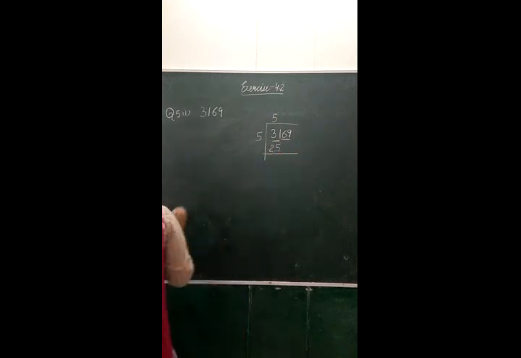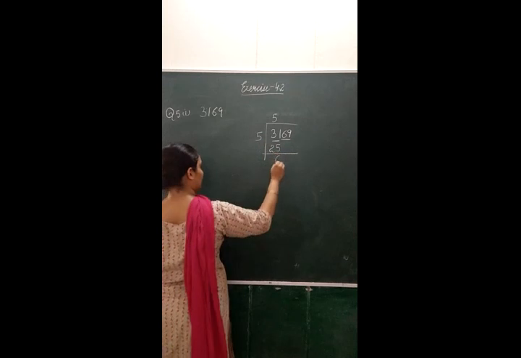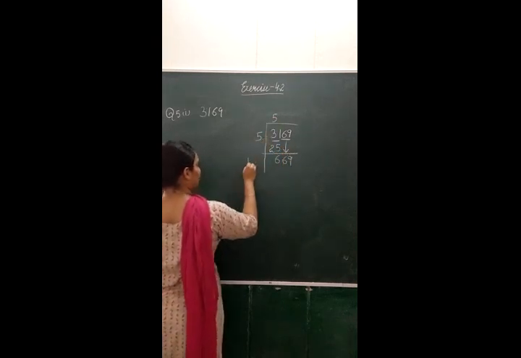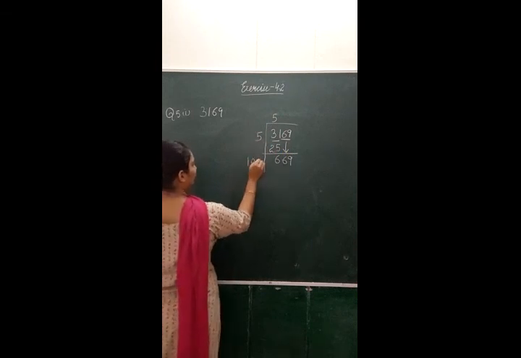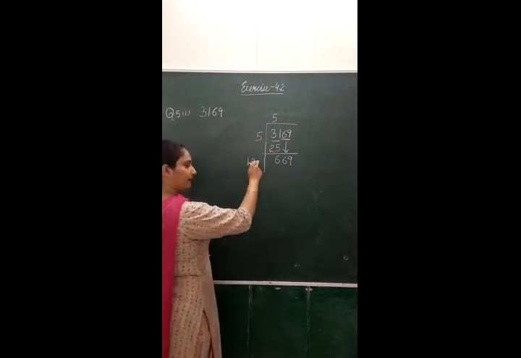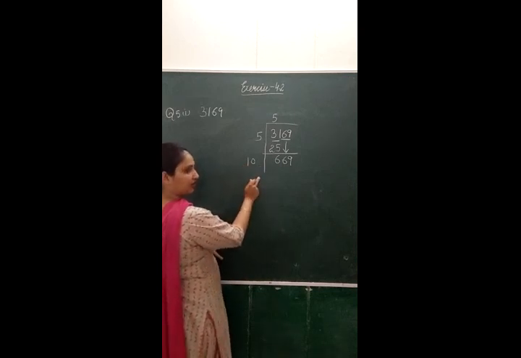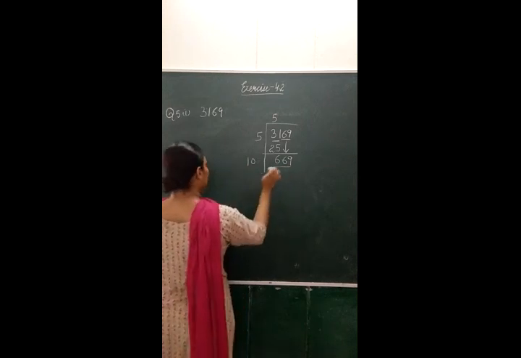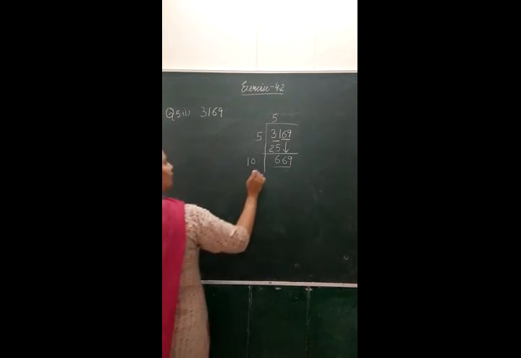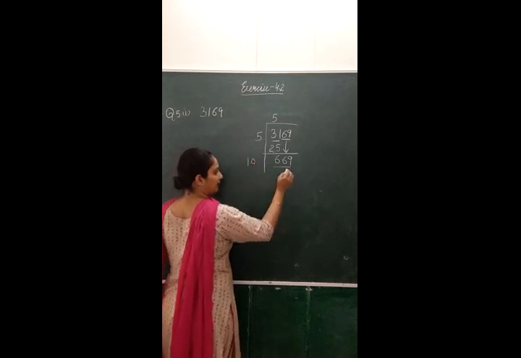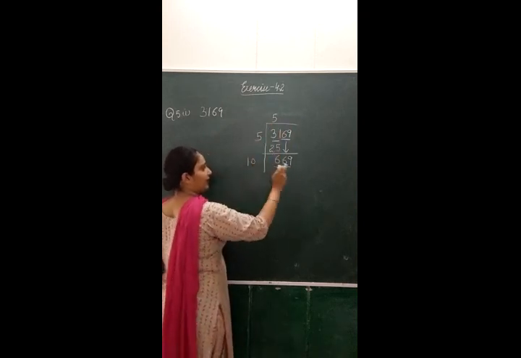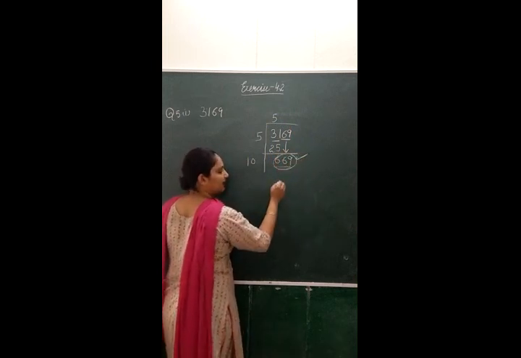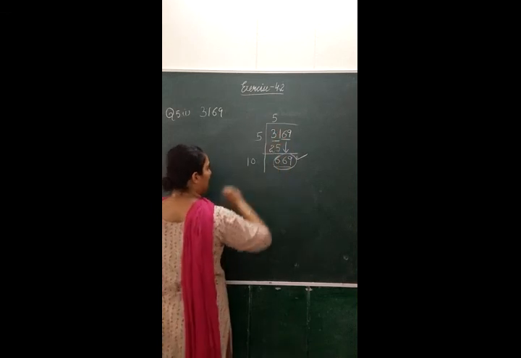Here we are left with 6. Take this down. So here we will write 10. 5 2s are 10. Now we have to find a number which we will write here, and we will multiply the whole number with that particular number so that we get this number or less than this number. But there is no number which we can write here so that we get this number. So if we are not getting this number, the remainder will not be 0. So this number is not a perfect square.